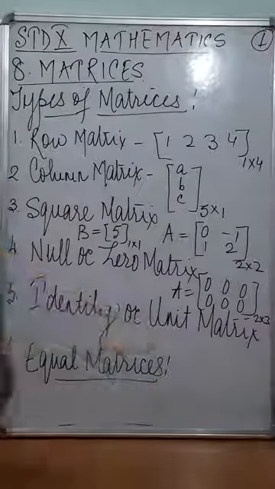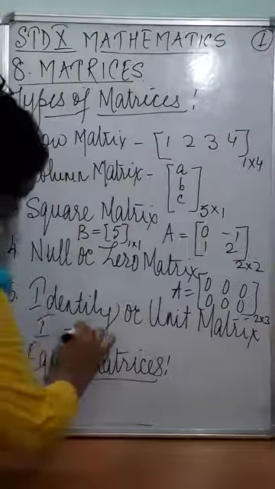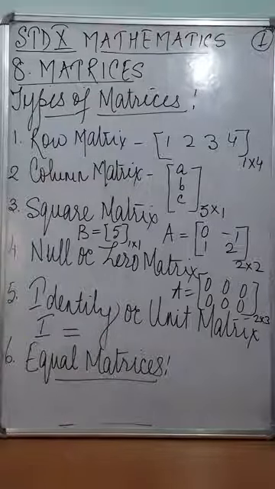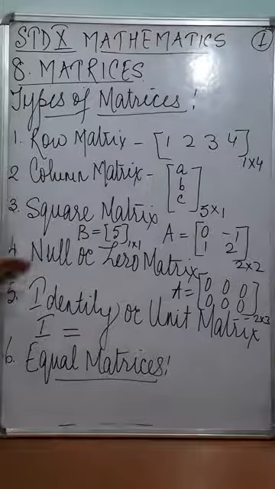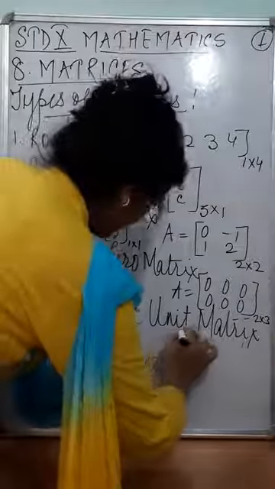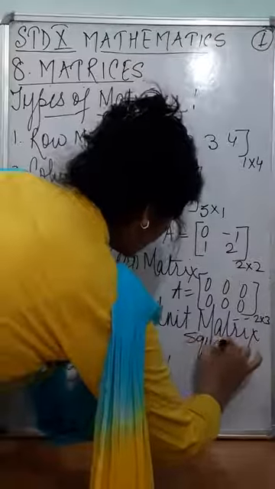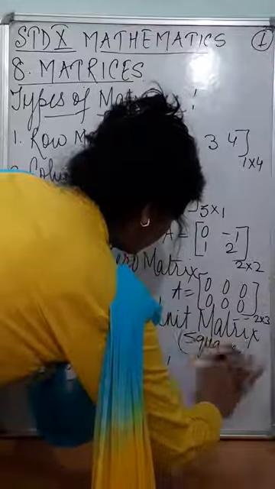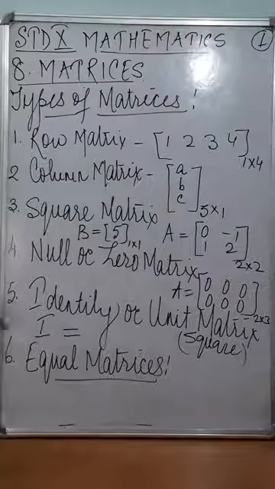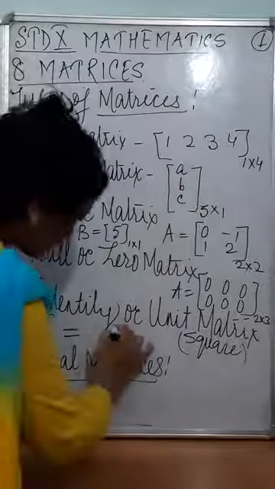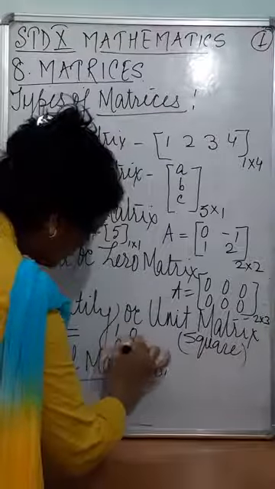Identity or unit matrix is denoted by I. And identity or unit matrix is a square matrix. Suppose I take it this way, 1, 0, 0, 1.